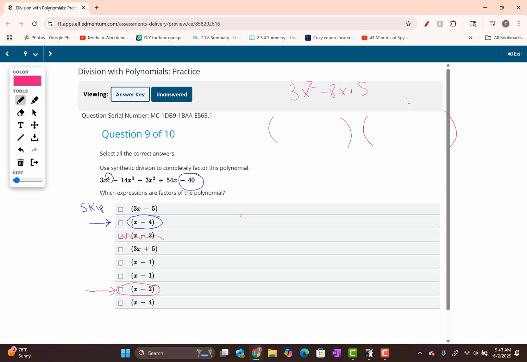So to factor 3x squared minus 8x plus 5, we know the first two blanks have to multiply together to give us 3x squared. So the only possibilities are 3x and x, because 3x times x is 3x squared.